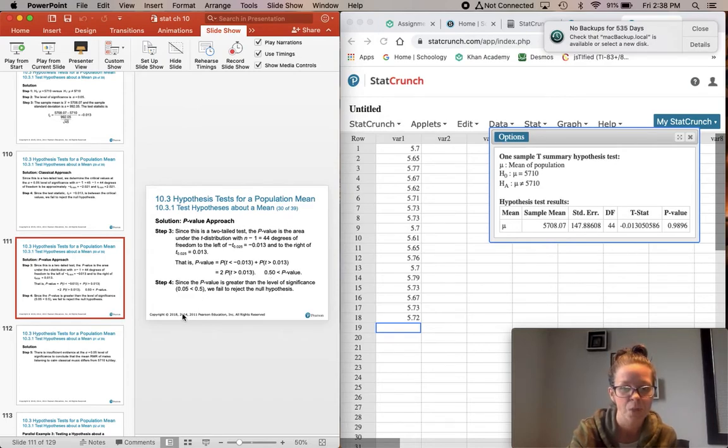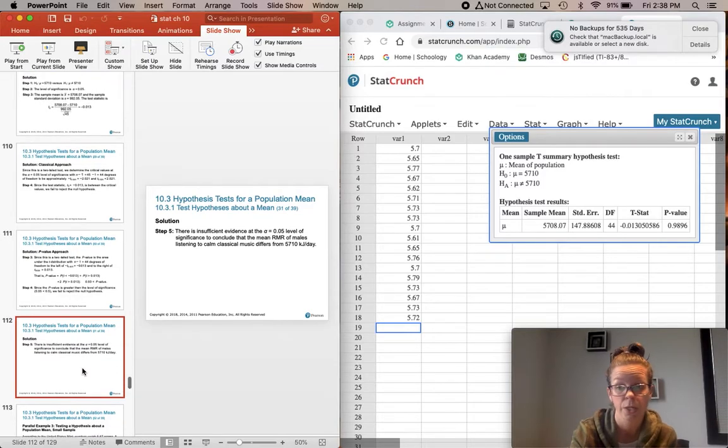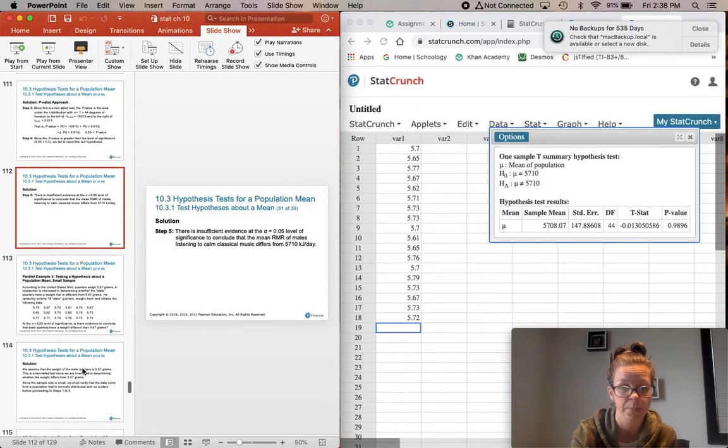But we are definitely going to fail to reject the null hypothesis. We're going to say there is insufficient evidence at the alpha 0.05 level, or really any alpha level, to conclude that the mean RMR of males differs from 5710. Okay? There's really no evidence to say that it is different.